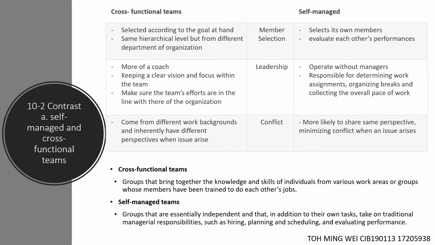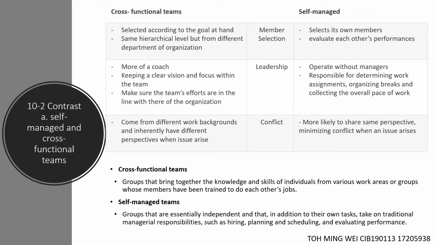Last but not least, conflict. The level of conflict also varies between self-managed and cross-functional teams. Cross-functional teams enable stakeholders to have input in the development process, increasing the conflict level within a team.